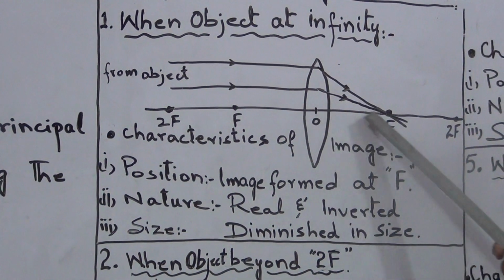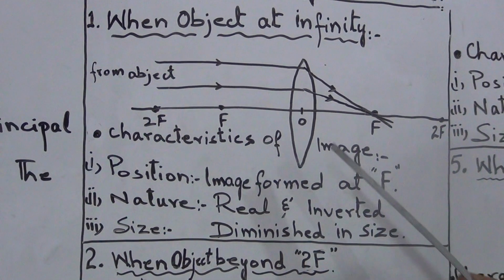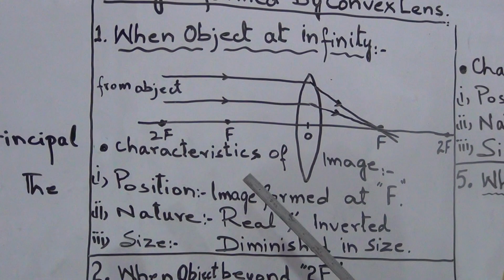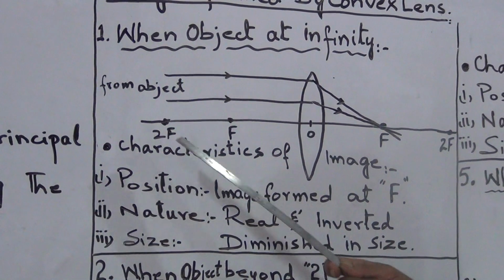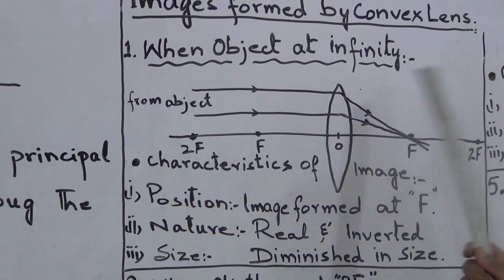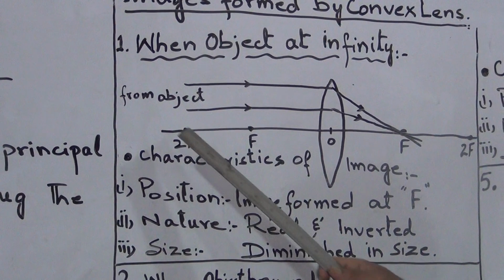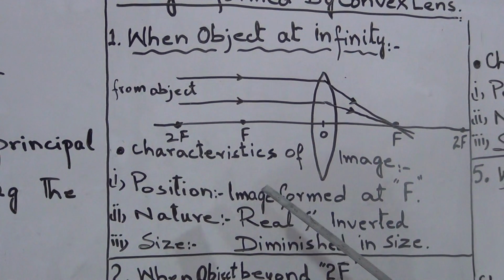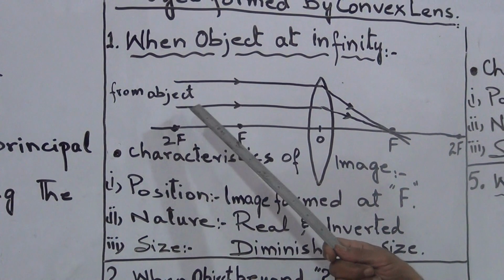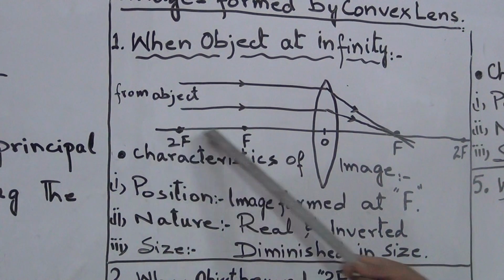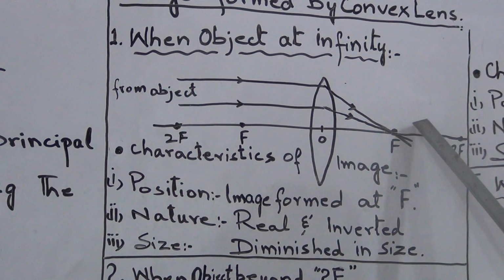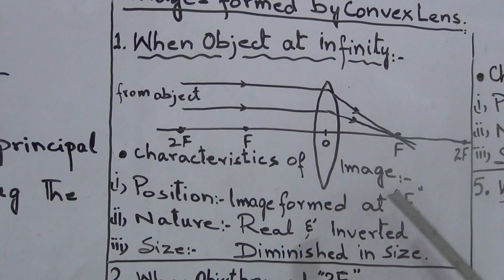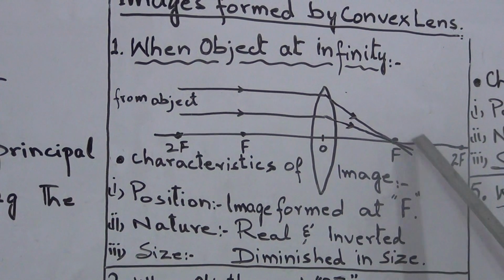This is real intersection. Any object at infinity, we consider rays of light coming parallel to the principal axis because the object is not seen. So you can take this ray below the principal axis like this. It will also pass through the principal focus and the image is formed.